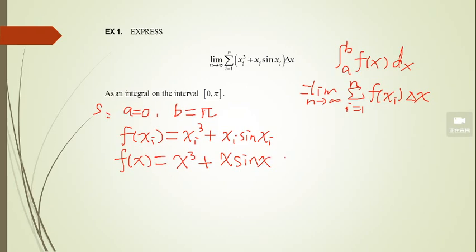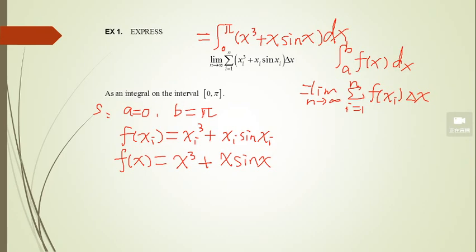It's easy. Now I know my a and b, the given closed interval. Then how can you express this as a definite integral? According to theory 2, that equals the definite integral from a to b, 0 to pi, of my function f(x), which is x cubed plus x sine x, and don't forget the dx term.